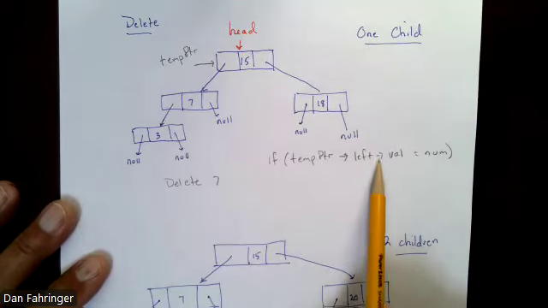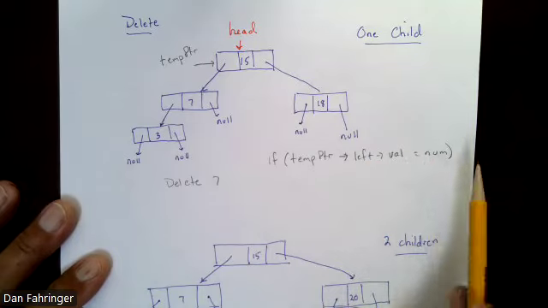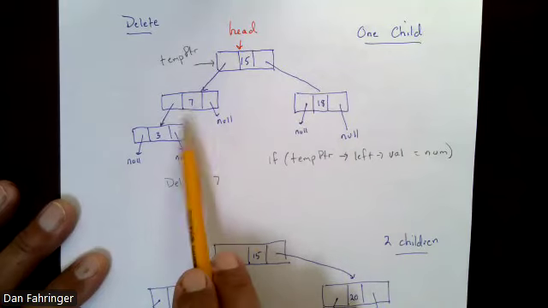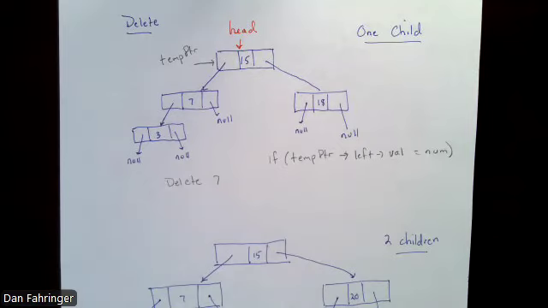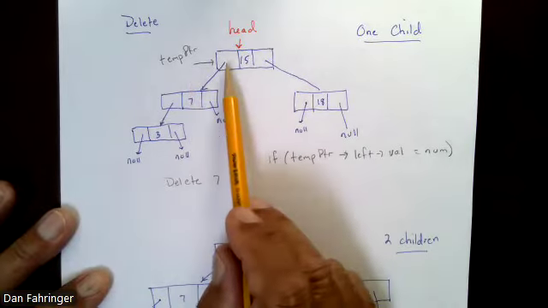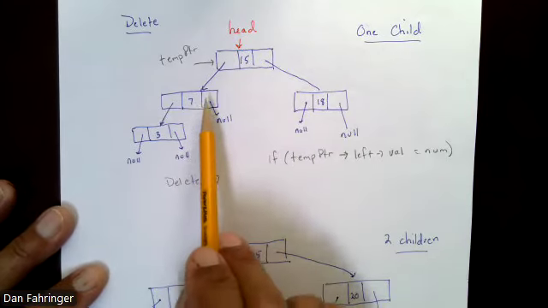Temp pointer's left's value equal to num. And we'd almost need, and temp pointer's left's right equals null. That would be this guy. Temp pointer's left's right would equal null.